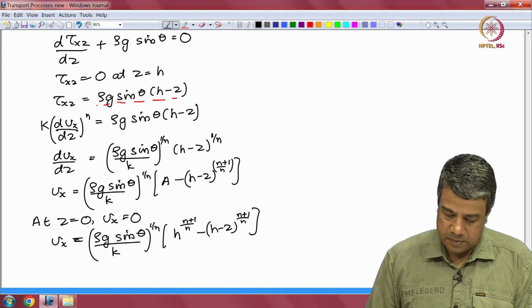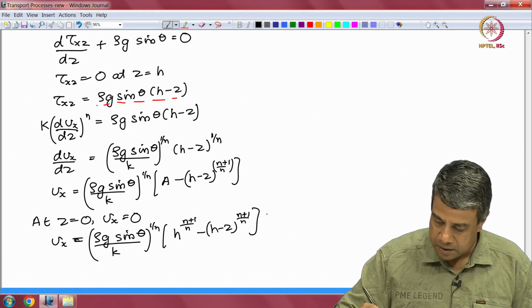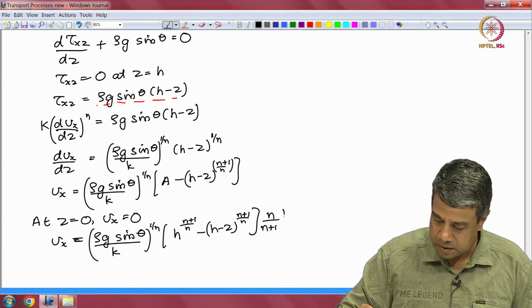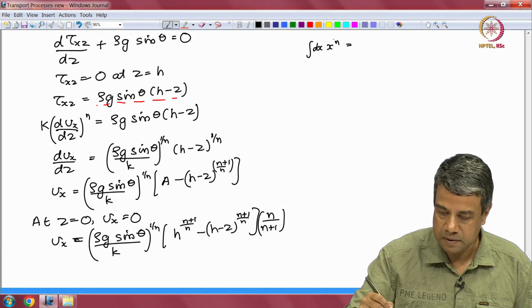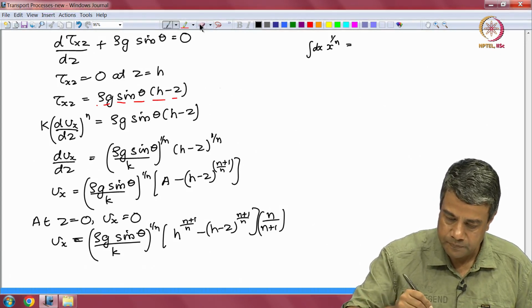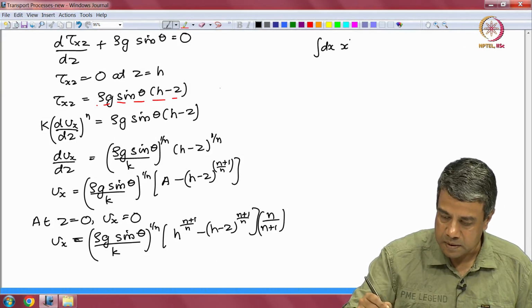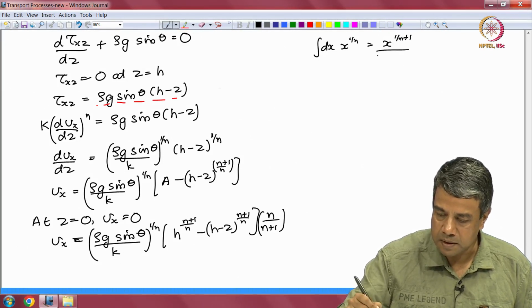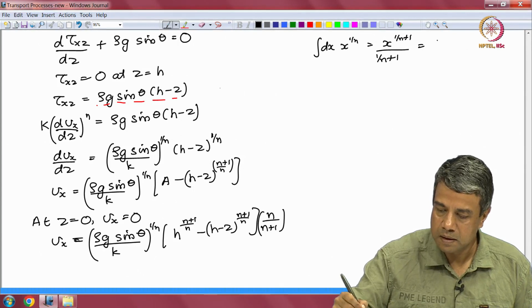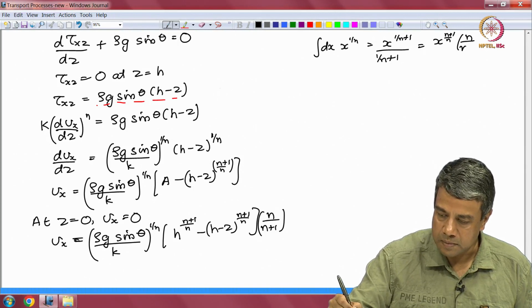I am sorry, when I integrate it, I should have a factor of n by n plus 1. The integral dx of x power 1 by n is equal to x power (1 by n plus 1) divided by (1 by n plus 1), which is x power (n plus 1) by n into n by n plus 1.